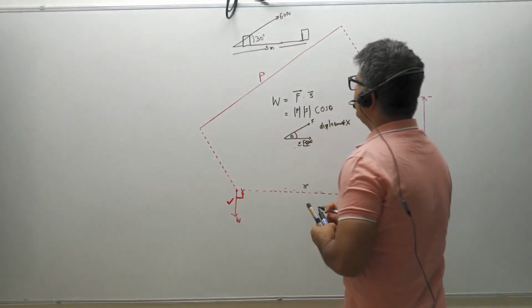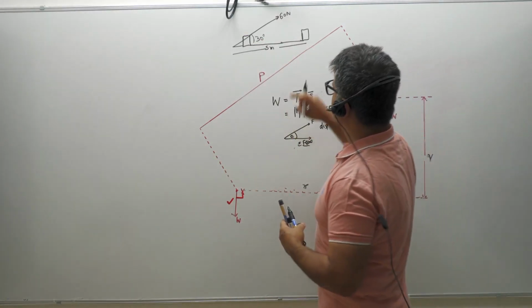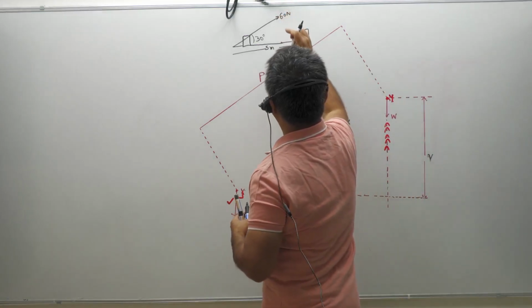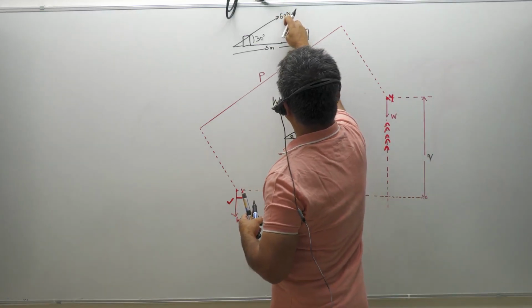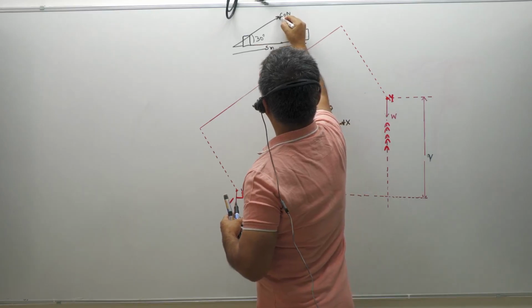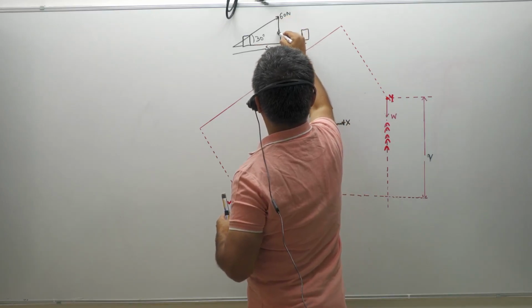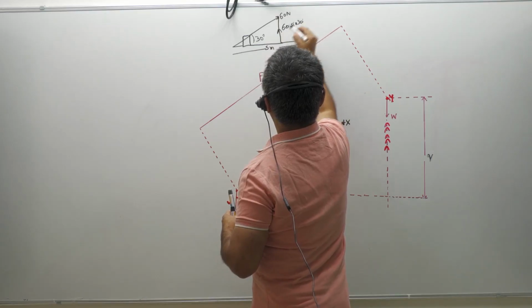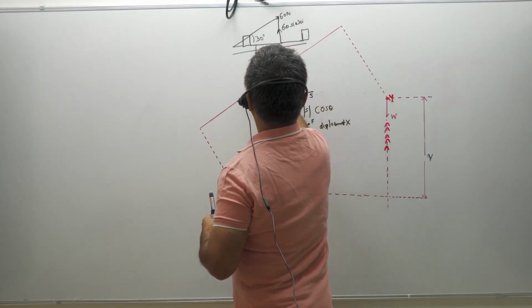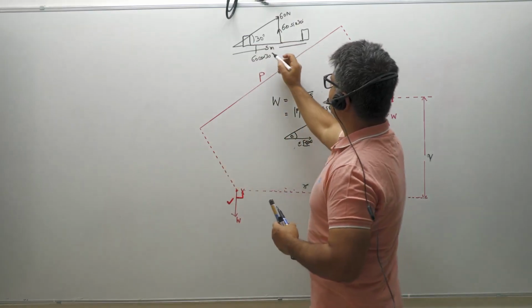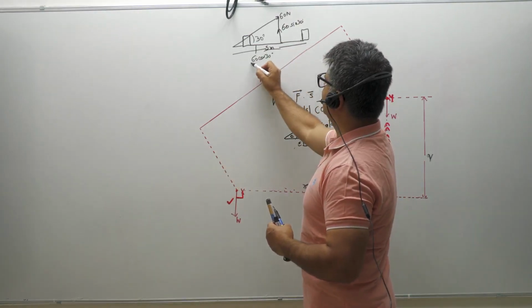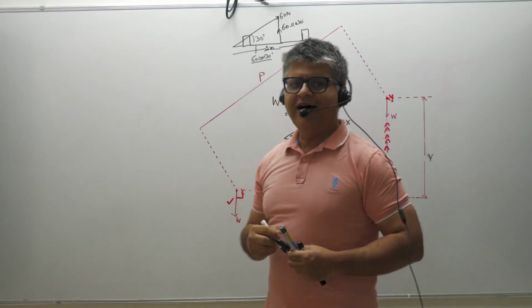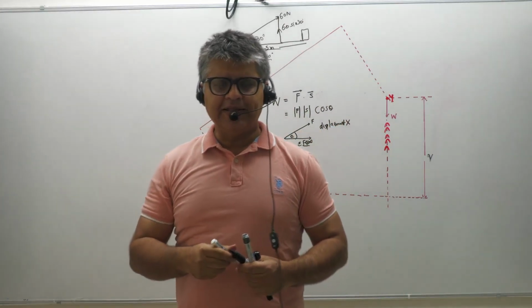Now, if you have to find the work, you have to see the components of the force. So this is 60 sine 30, and then this is 60 cos 30. You can see 5 meter displacement and 60 cos 30 are in the same line.